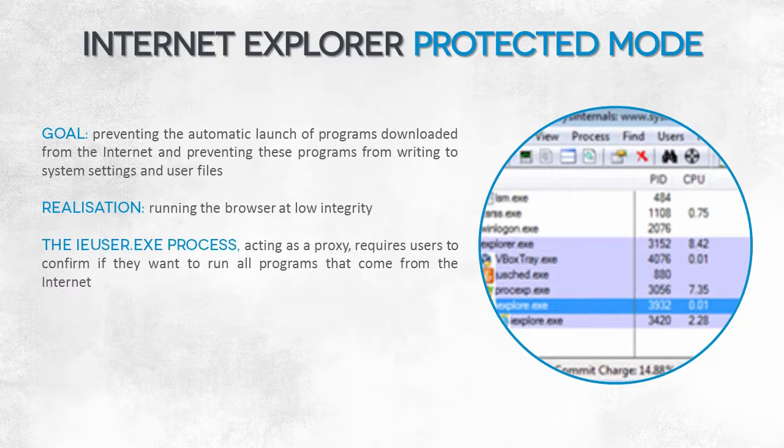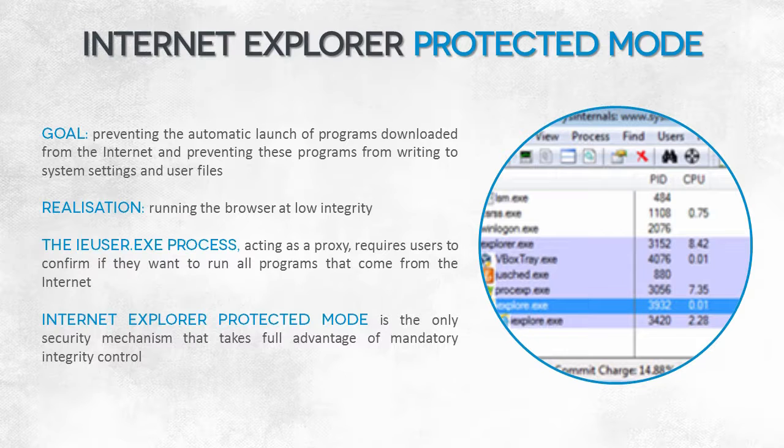In one of the earlier lectures, we said that the Internet Explorer process runs on a low level of responsibility. Therefore, it cannot modify anything that is located at higher levels of responsibility. If the user would like to perform such an operation, the proxy IEuser.exe is used. To use this proxy, we have to explicitly agree to this.